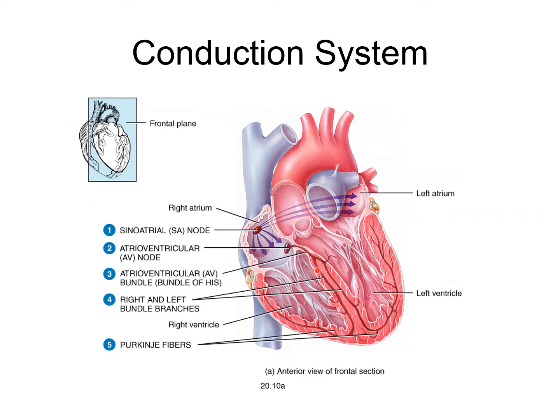The atrioventricular bundle and the right and left bundle branches are less contractile, but Purkinje fibers are more modified and least contractile, and they have a lot of gap junctions between their cells, so the action potential travels rapidly in the Purkinje fibers as compared to other fibers and the muscles of the heart.